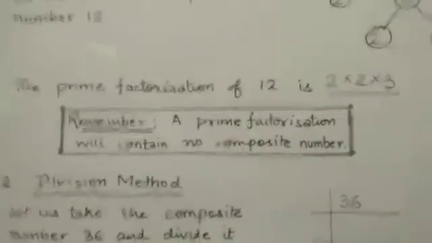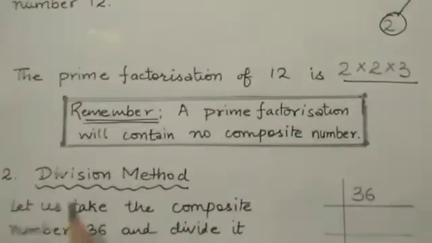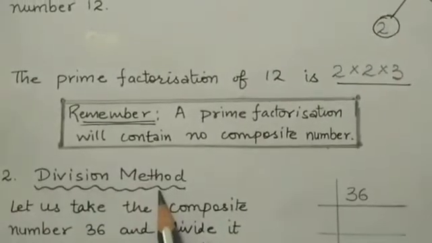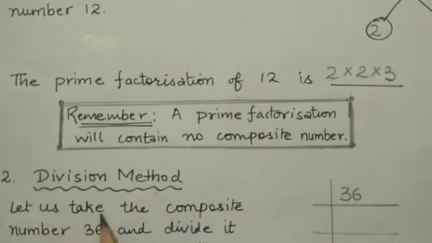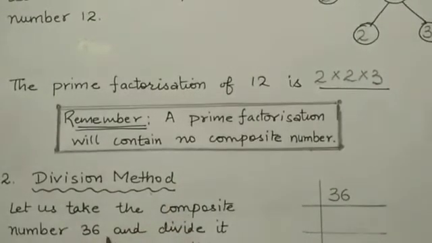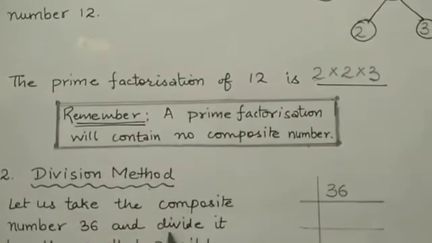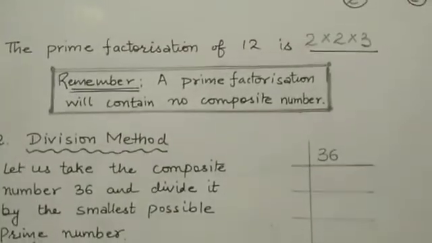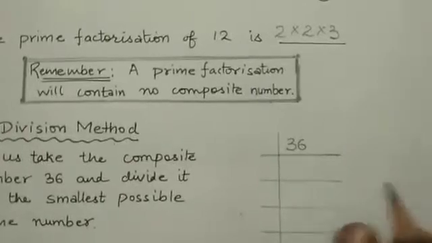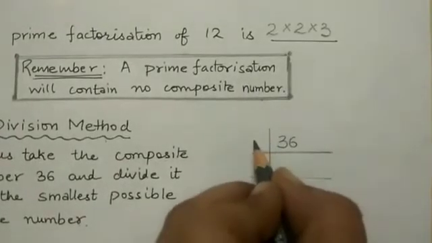Now our second method, the division method. To understand this method, let us take the composite number 36 and divide it by the smallest prime number. Our smallest prime number is 2.